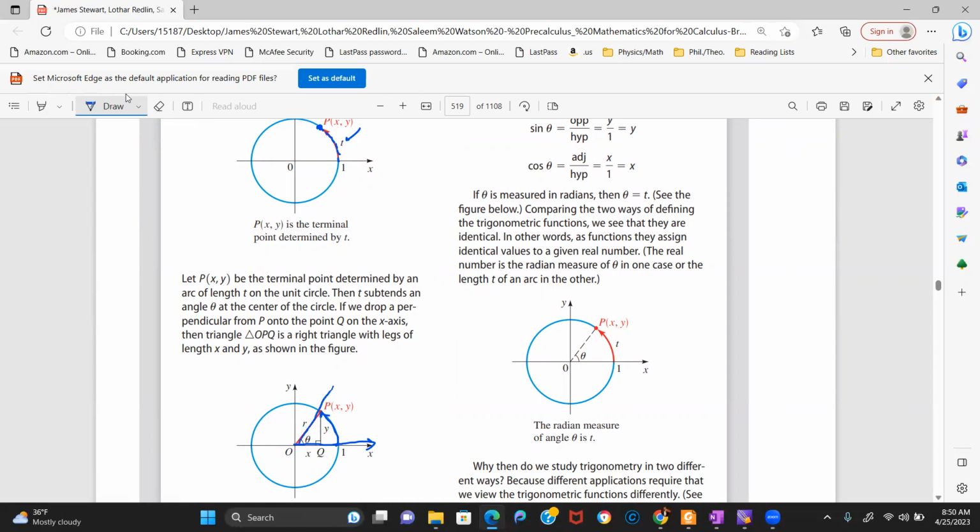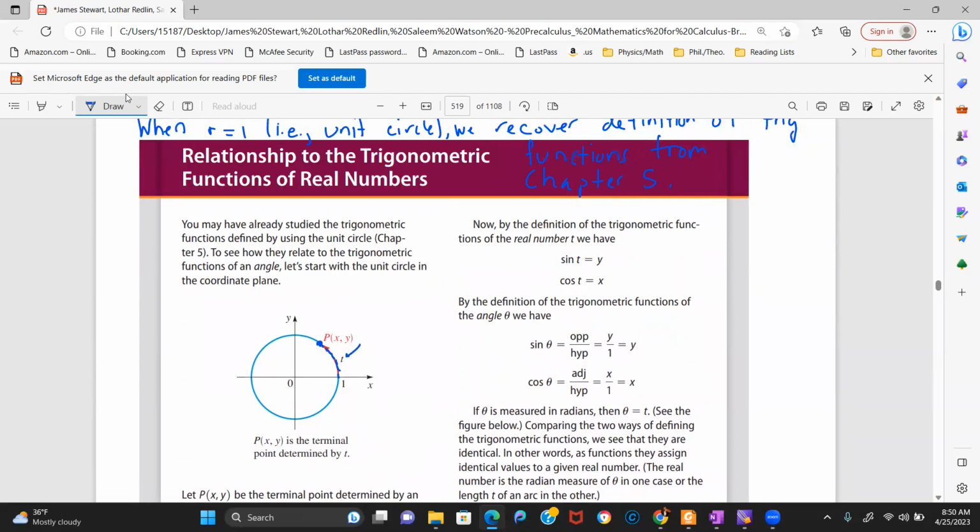And then you have this ray. The point on the unit circle and on the terminal ray is x comma y. And then the definitions simplify. So by definition of the trig functions of the real number t, we have the following. This is the unit circle approach.